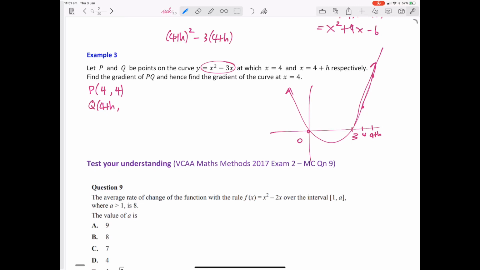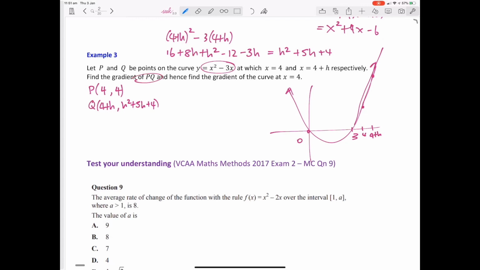So that's going to be 16 plus 8h plus h squared minus 12 minus 3h, which is h squared plus 5h plus 4.